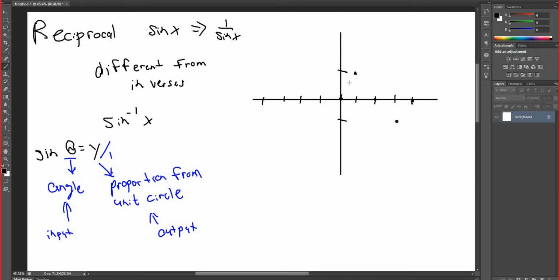So this is 1 period. And I continue the graph, and then it'll follow the pattern over here.